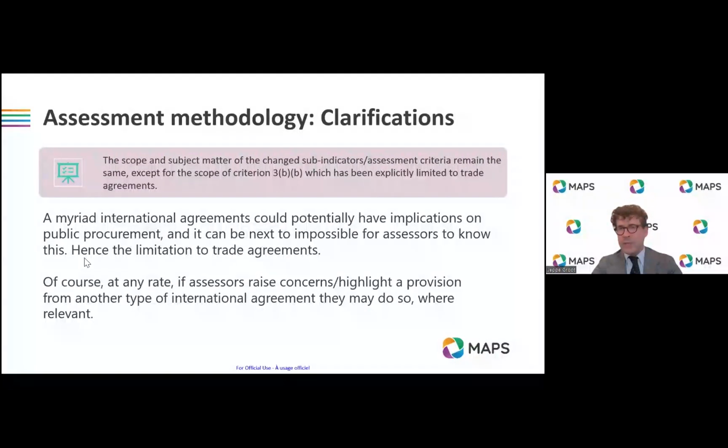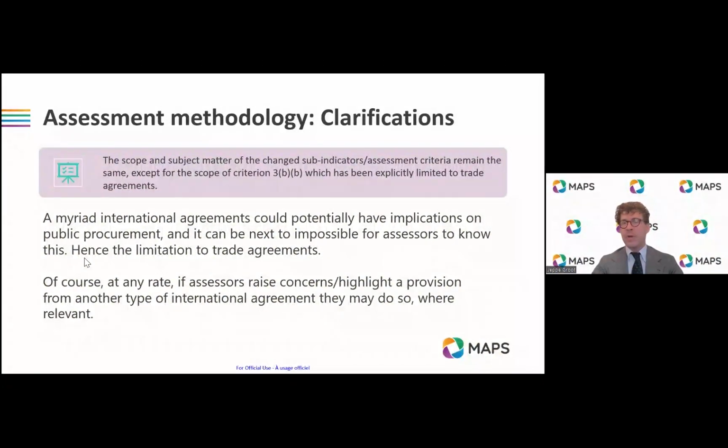And for this reason, we have limited it to trade agreements, which is where there are most likely to be provisions that will affect public procurement. It is important to say that this limitation is a sort of minimum limitation, in the sense that if in the country at hand, assessors and involved parties deem it relevant to include requirements from other international agreements that are not trade agreements, it is perfectly permissible to do so.